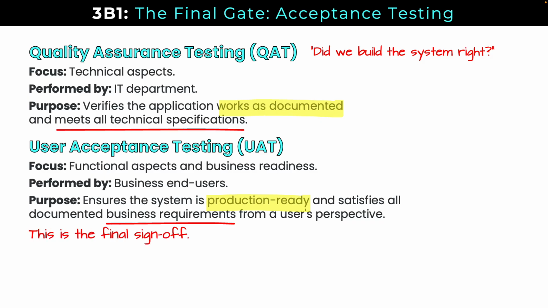This is the final sign-off. And UAT answers the question, did we build the right system? So from the technical perspective, we're looking just to make sure the system functions as it's documented. And when we look at user acceptance testing, it's making sure those functions are built in a way that's useful to the business.